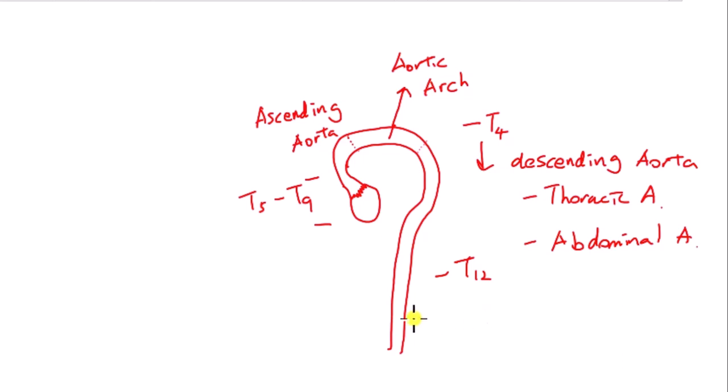It comes down to the level of L4 and divides into the common iliac arteries, which supply the lower limbs afterwards. So T4, T12 and L4, some landmarks to remember.